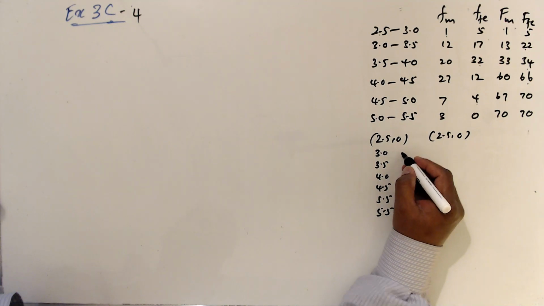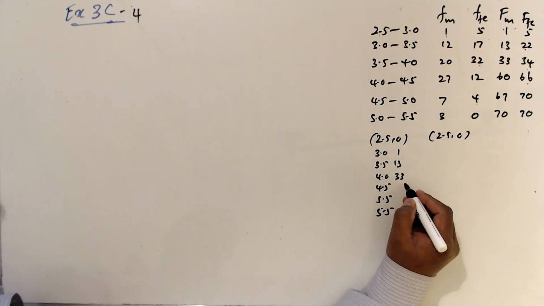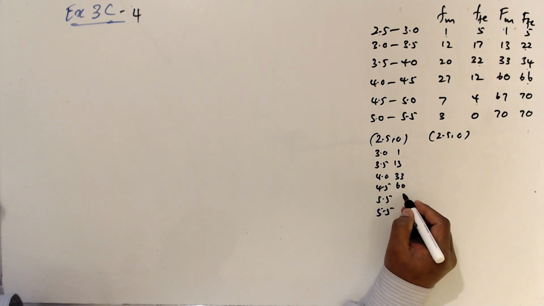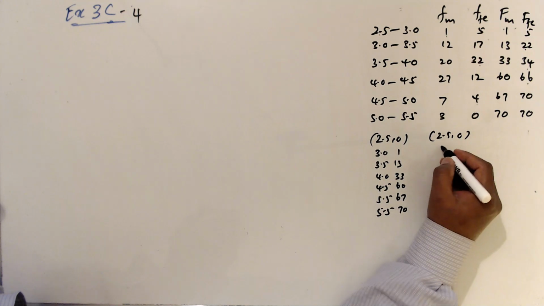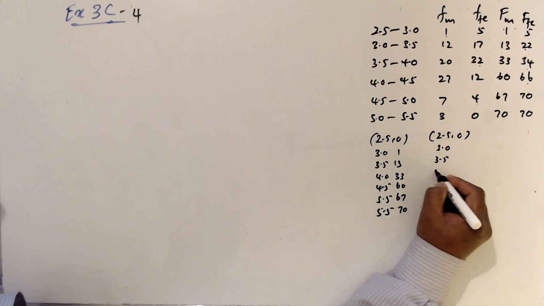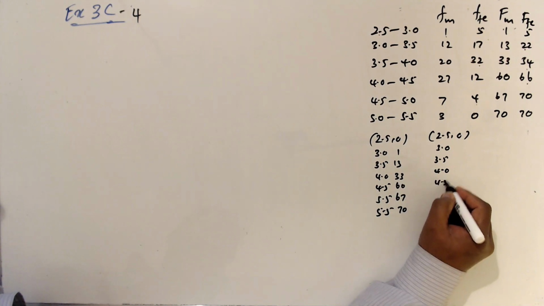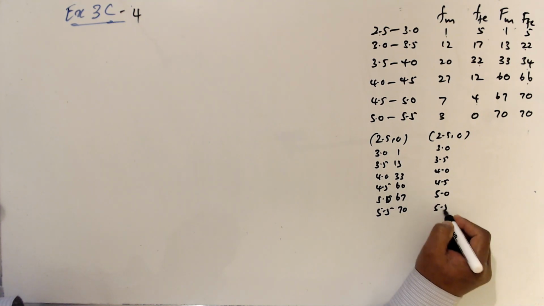So this is going to be 1, 13, 33, 60, 67, 70, and this one again 3, 3.5, 4, 4.5, 5, 5.5.